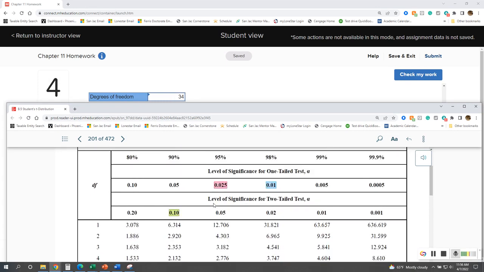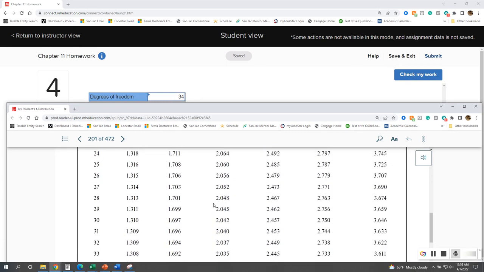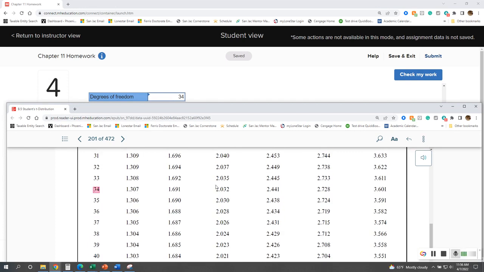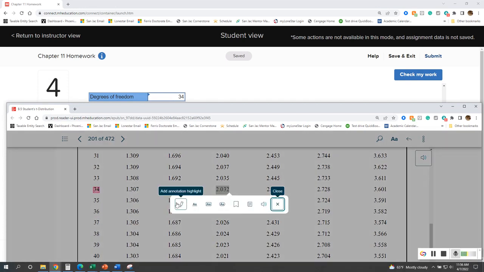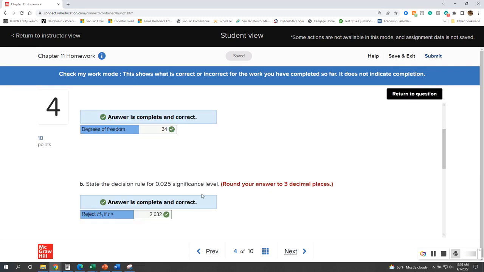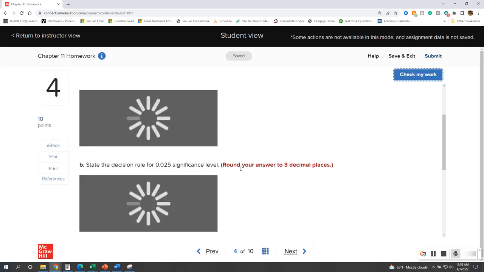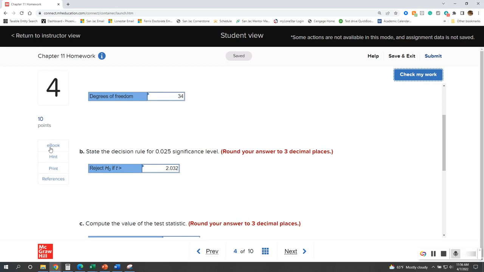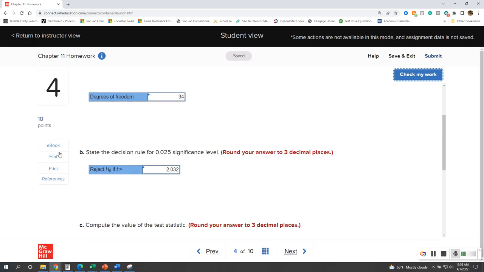And that was third row. So it's going to be 2.032. Check. There we go. Now again, this question has a hint, so maybe McGraw-Hill will throw you a different direction.